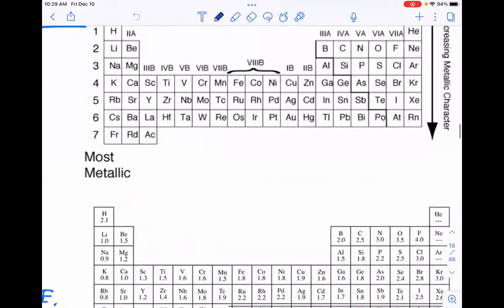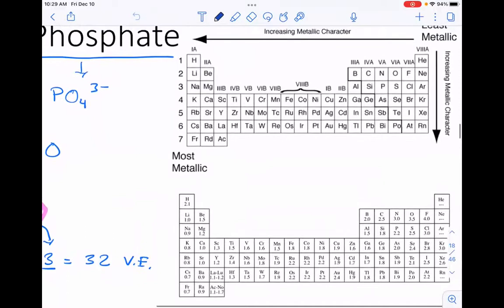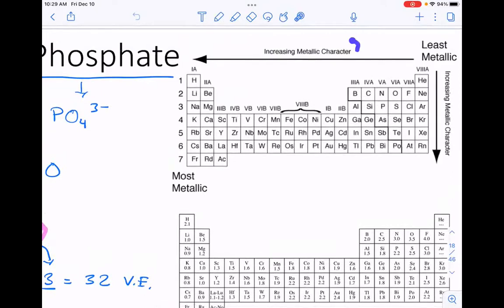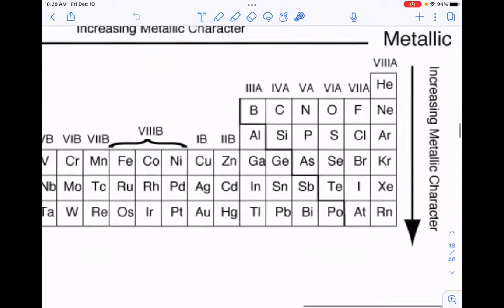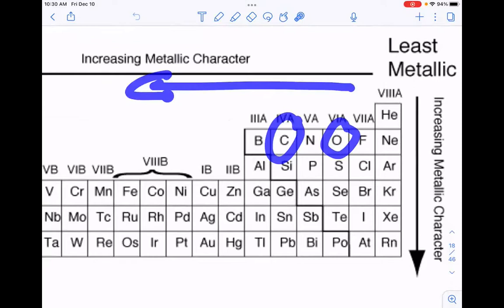When you are determining the central atom, you can do this one of 2 ways. If we're talking about metallic character, you want the element that is most metallic. So between carbon and oxygen, here's carbon, here's oxygen. We're increasing the metallic character from right to left.